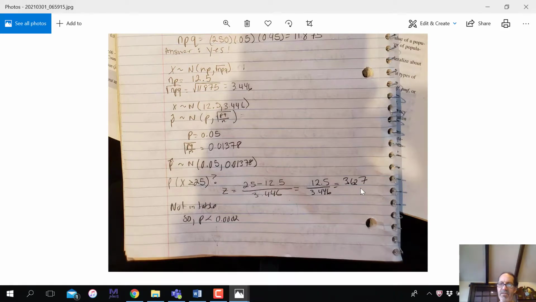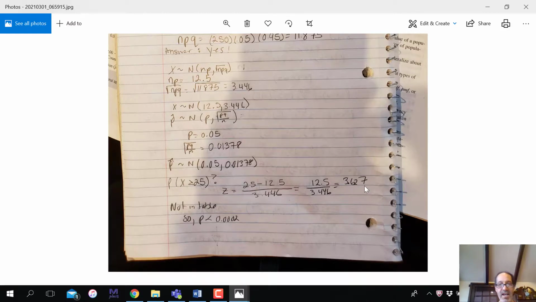So the probability of a value less than or equal to 3.627 is at least going to be 99.98 percent. To find the probability of a value larger than that, I'll subtract 0.9998 from 1, and I get 0.0002.